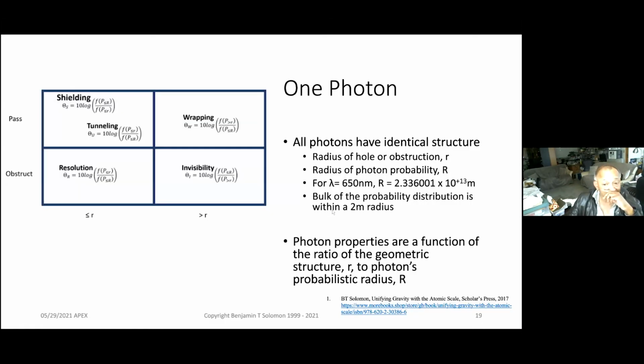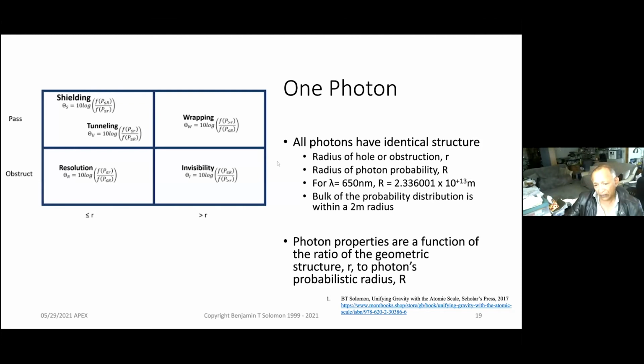Okay, so one of the things I showed was that if you have an object of a small radius and a photon, the orthogonal space wave of the photon, which is a big radius, and the bulk of that probability distribution, that orthogonal disk, is within a 2 meter radius of the axis of motion.